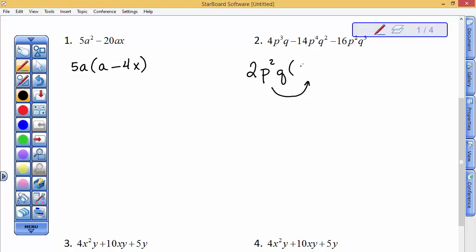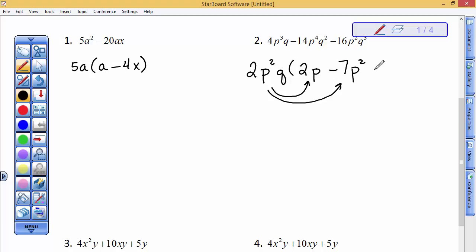So this 2 needs to be multiplied by a 2 to get the 4. P squared needs to be multiplied by p to the first to get p to the third, and this q is covered. Next term, I need 2 times a minus 7 to get the minus 14. P squared has got to be multiplied by p squared, so that 2 plus 2 is 4.